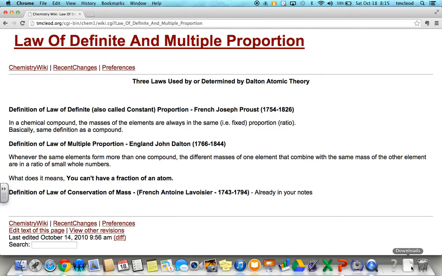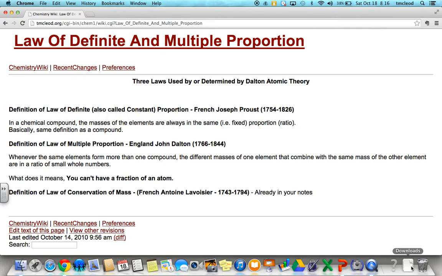Now, going back to here, which is the law of multiple proportion. That is the definition, and it's a long definition. Basically what it means is, for example, if two elements come together to form a compound, like carbon monoxide, C1O1, the carbon and the oxygen can come together differently to form a different compound, C1O2.